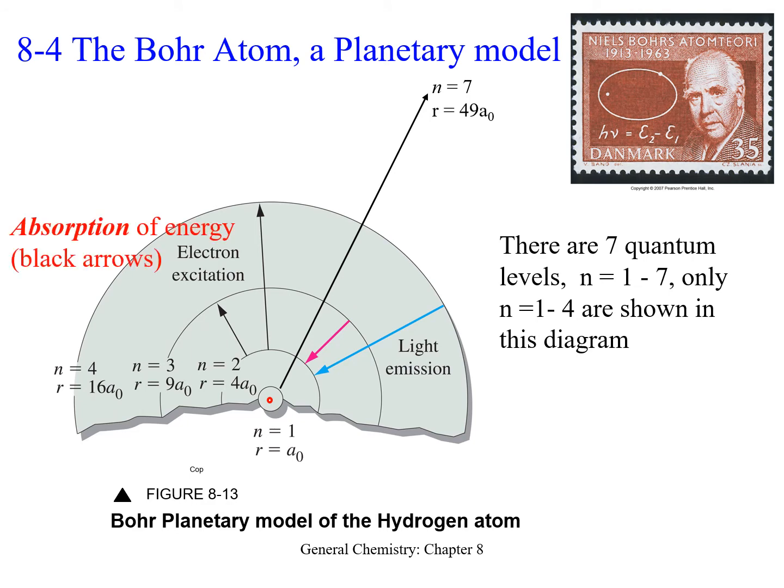The absorption of energy, the black arrows, indicates the excitation of an electron, going from the first orbital up to and including the 7th quantum level. And emission of energy is the colored arrows as represented here. So when does the emission occur?